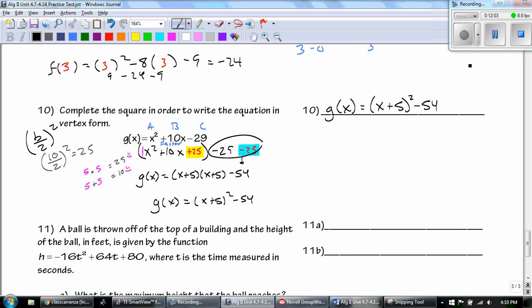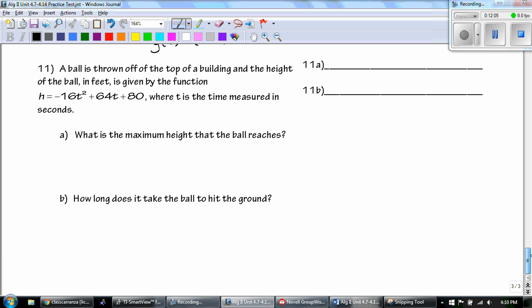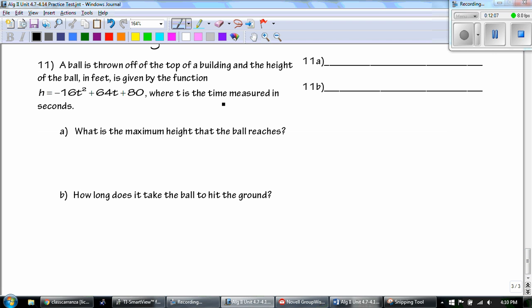All right, and we are down to the last two. A ball is thrown off the top of a building, and the height of the ball in feet is given by the function h equals -16t squared plus 64t plus 80, where t is the time measured in seconds. So I always like to draw a little picture.